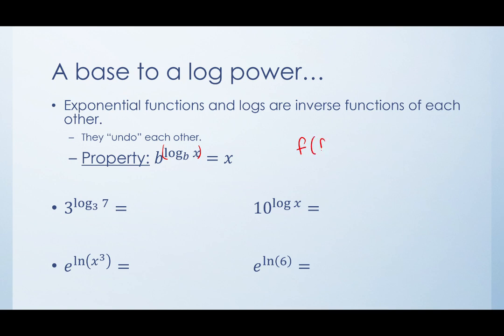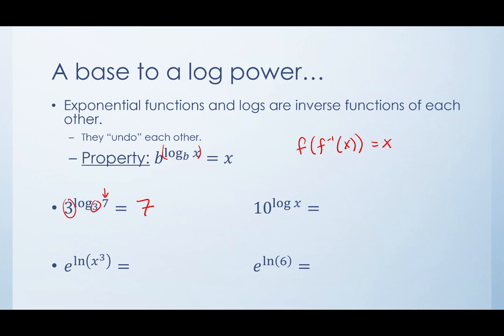So this is like saying f of f inverse of x equals x, okay? So what is 3 to the log base 3 of 7? I've got the same base, right? I've got the exponential with its inverse function in the exponent. This is just going to be 7, right?